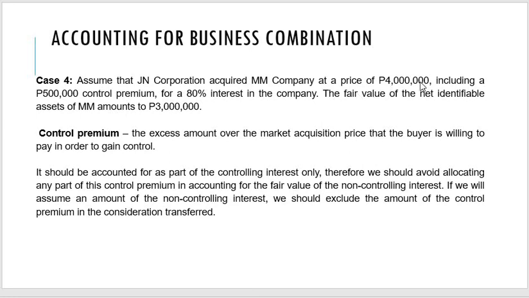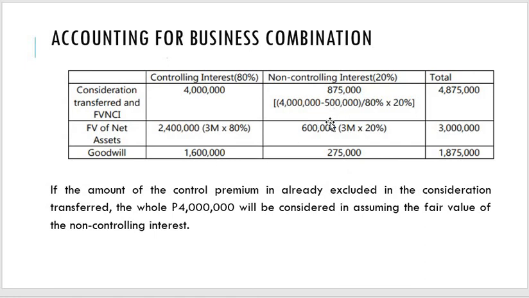Okay, so in this case, to assume the fair value of the non-controlling interest, because it is not given, the computation would be 4 million, deduct the 500,000 control premium, divided by 80% times 20%. That's 875,000. Then, 4 million plus 875,000, so the total is 4,875,000.